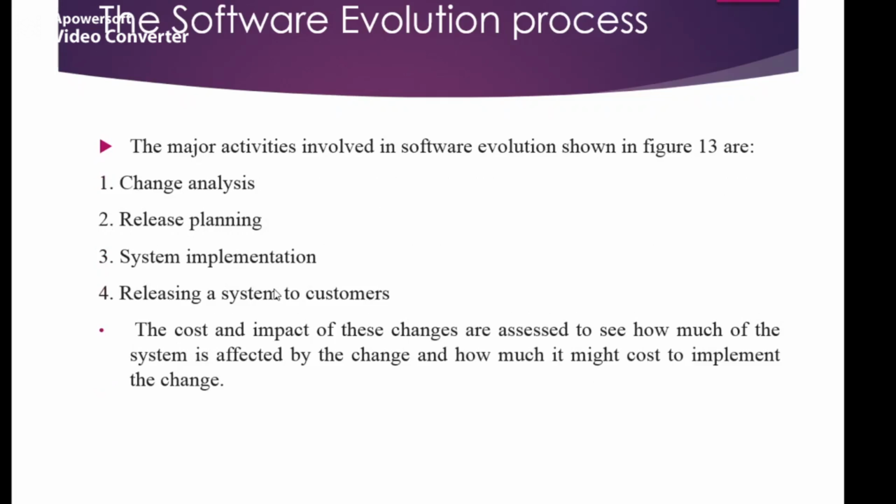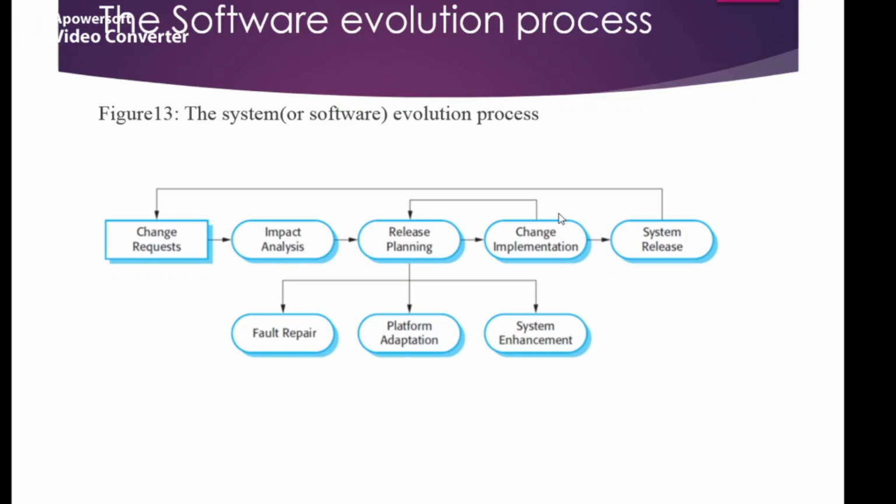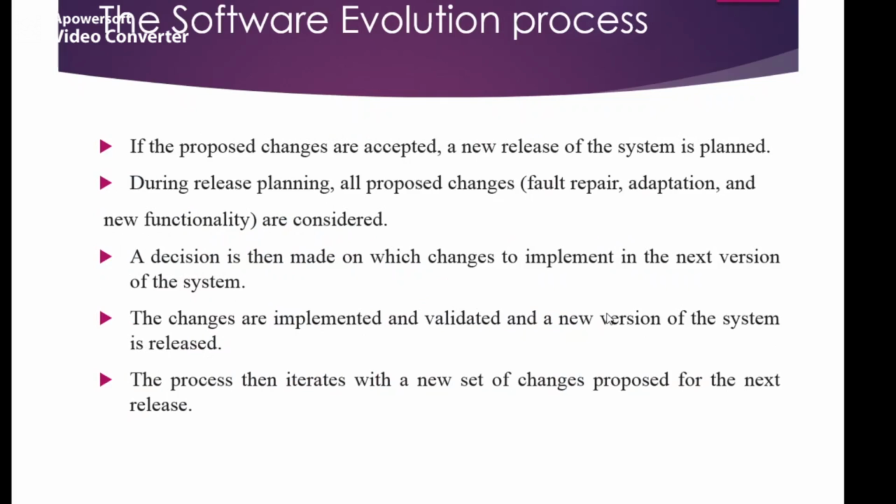So now we are coming to a decision, then change implementation, where you implement all those changes, and then system release. You have to implement the changes and then validate them, and a new version of the system is released. Understood?